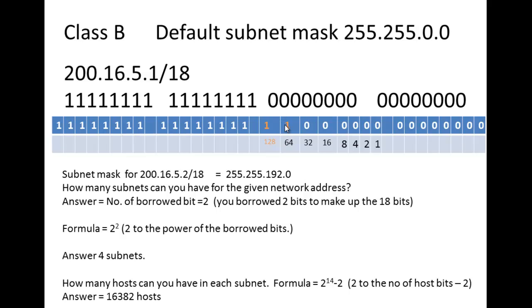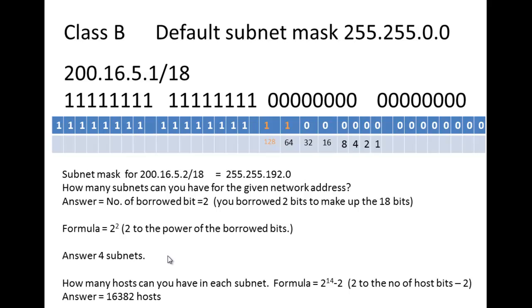So if we borrow 2, we now have 16 plus 2 equals 18 network bits. So let's see how we work out the subnets. Remember, the formula is 2 to the power of the borrowed bits, and we borrowed 2 bits. So we could say 2 to the power of 2, which would give us 4 subnets. So right away, we know that on this network, we can have 4 subnets.